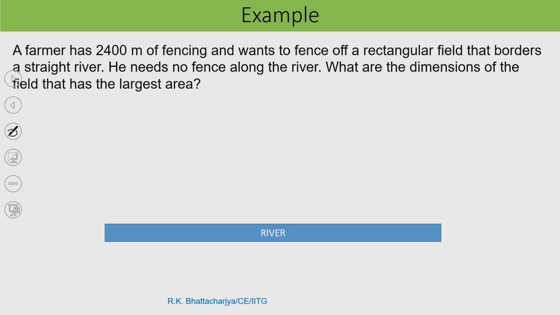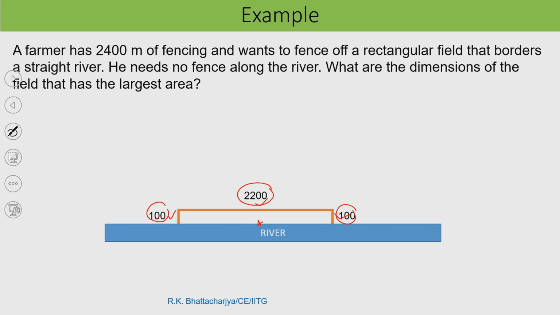Okay. Now, suppose this is the river. On the river side you do not need fencing. So, you need fencing on the left side, on the right side, and on the opposite side of the river. So, this is also a solution: I can put 100 meters on this side and 100 meters on this side, and this side is 2200.